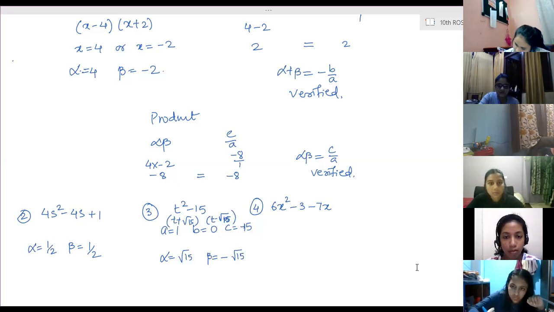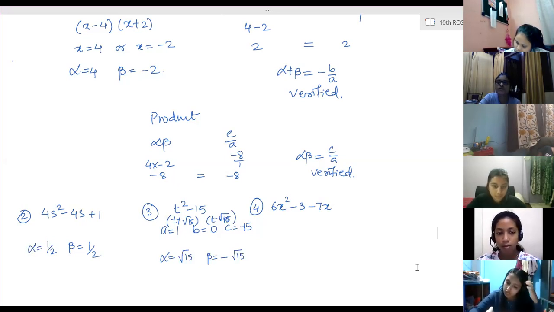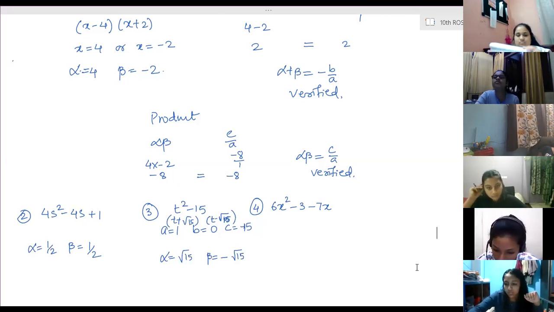Now for the fourth one, I'm getting one as minus 1 by 3 and the other as 3 by 2. Ma'am, is it correct? Yes. So 3x is equal to 2x minus 3, so x is equal to 3 by 2 and minus 1 by 3.